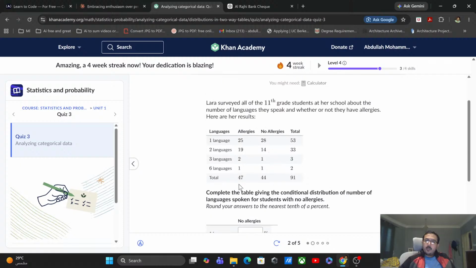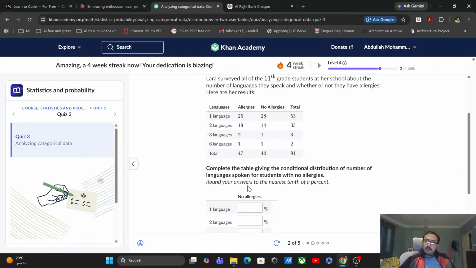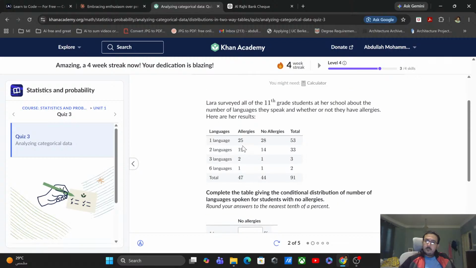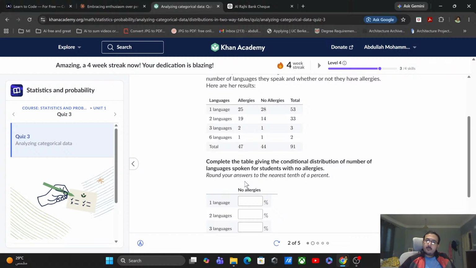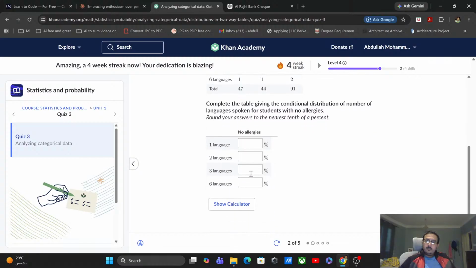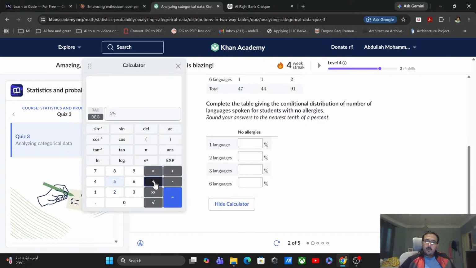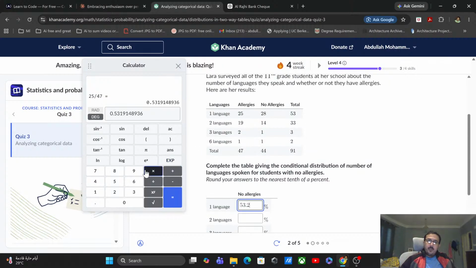So we got no allergies: 25 over 47, 53, to the nearest tenth, 53.2. Then 19 over 47.